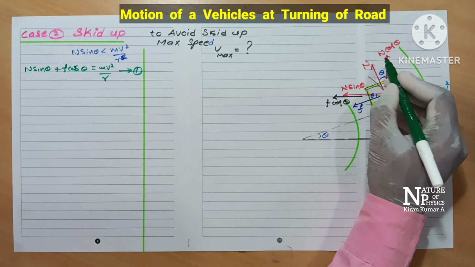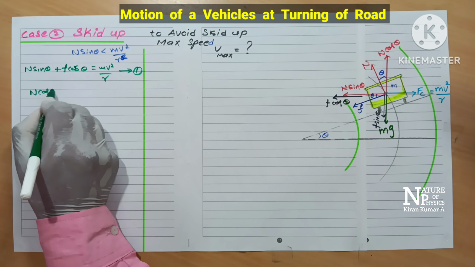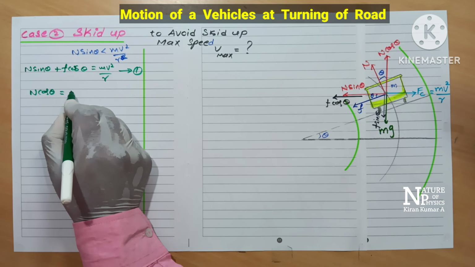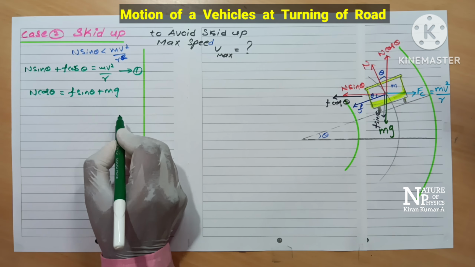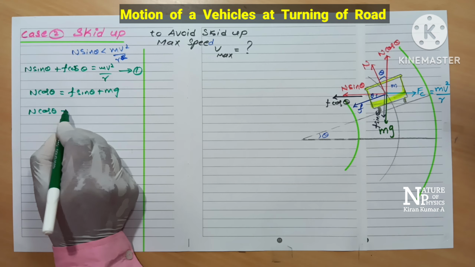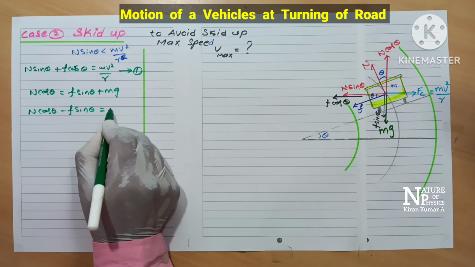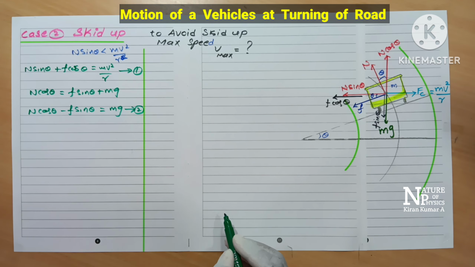Next, vertical direction: N cos theta is there. So N cos theta is equal to, in the downward direction, f sin theta plus mg. Rearranging this equation, N cos theta minus f sin theta is equal to mg, written as equation number 2.